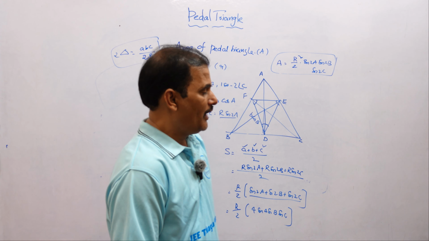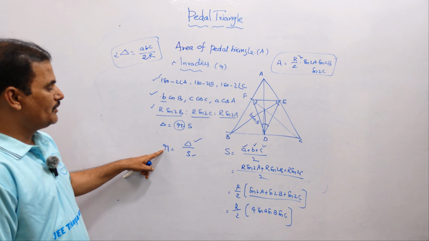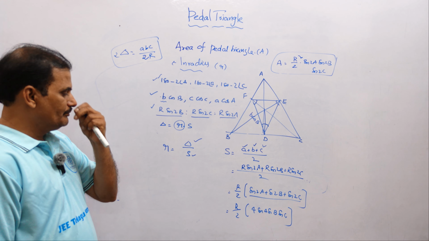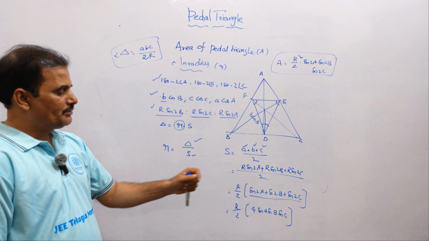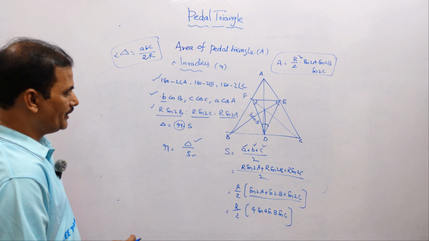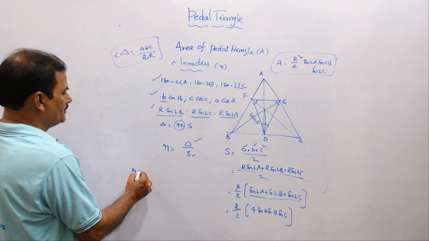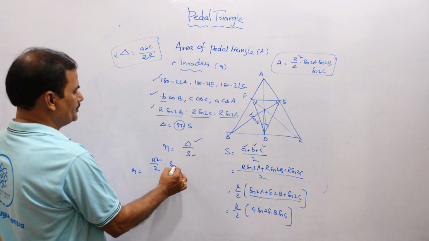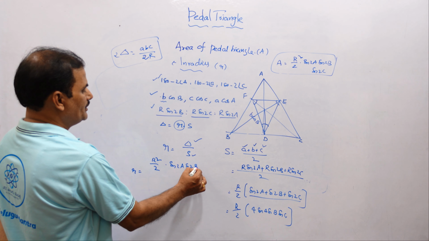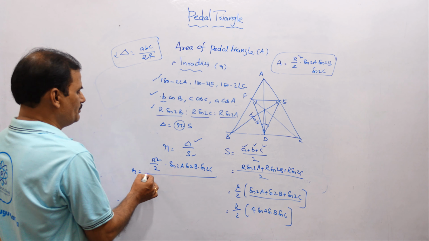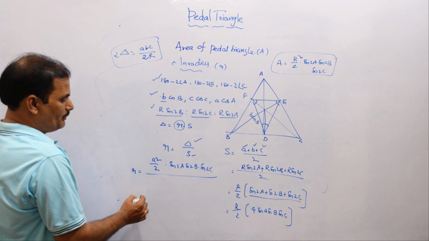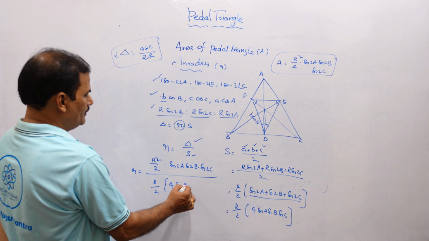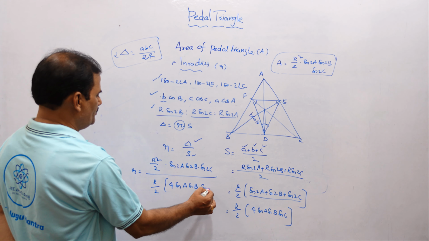We can easily apply the formula. r is equal to delta by s, where delta is equal to R square by 2 into sin 2A, sin 2B, sin 2C, and here s is equal to R by 2 into 4 sin A, sin B, sin C.